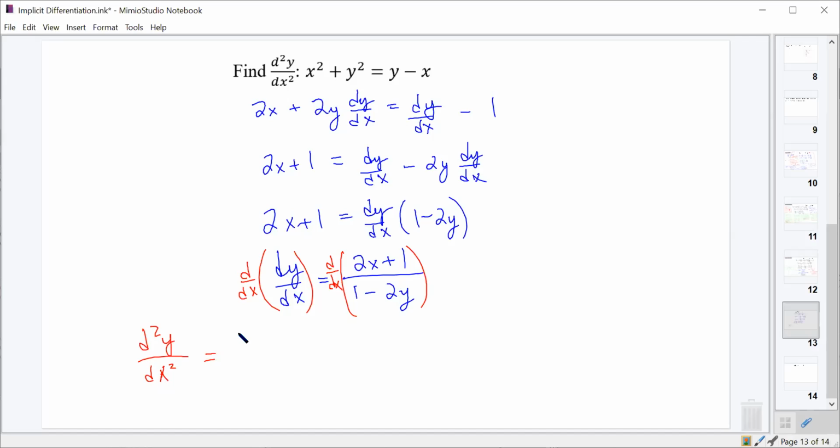So denominator times derivative of the numerator. What's the derivative of 2x plus 1? 2. Minus numerator times the derivative of the denominator. What's the derivative of 1 minus 2y with respect to x?